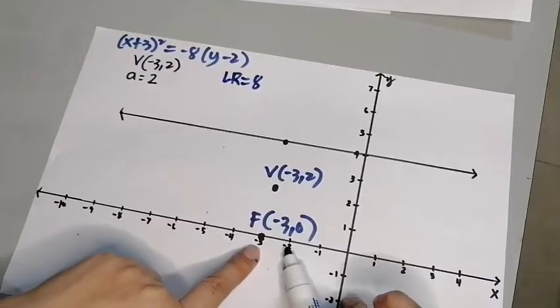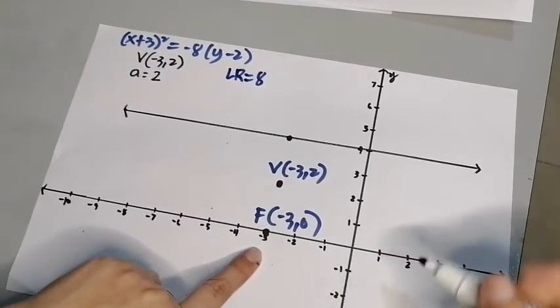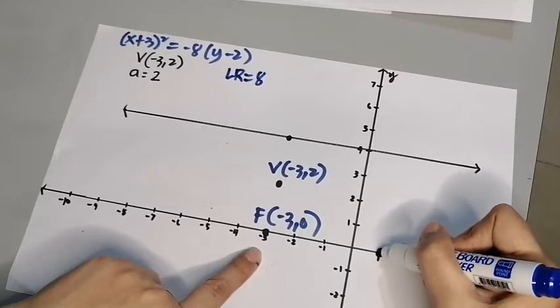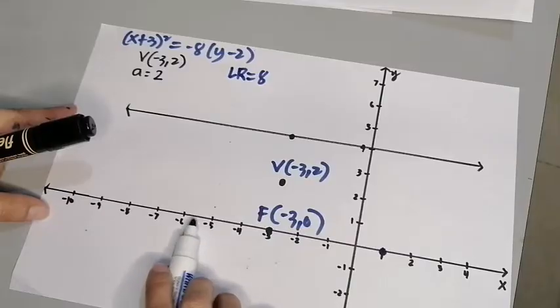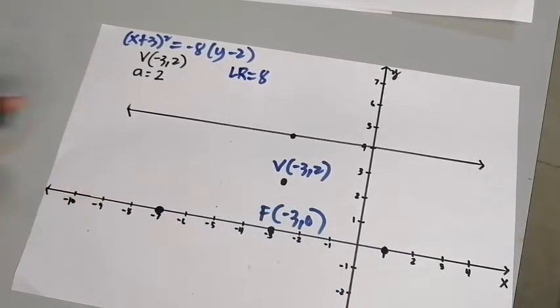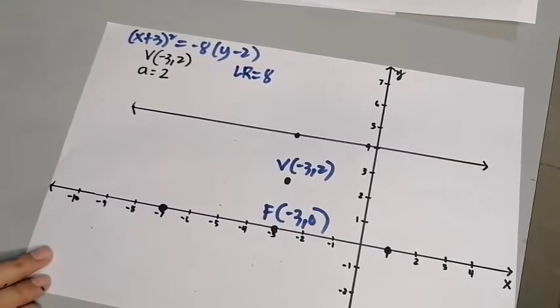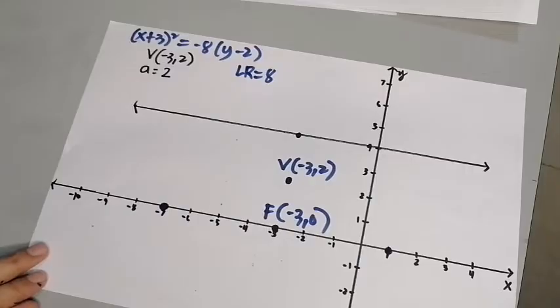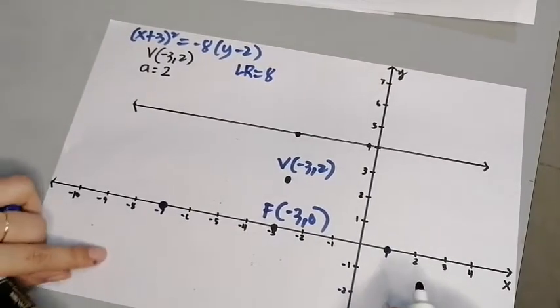Let's count: 1, 2, 3, 4. So it's here. Then the other end, 1, 2, 3, 4. Then we can now draw our parabola, and it opens downward.